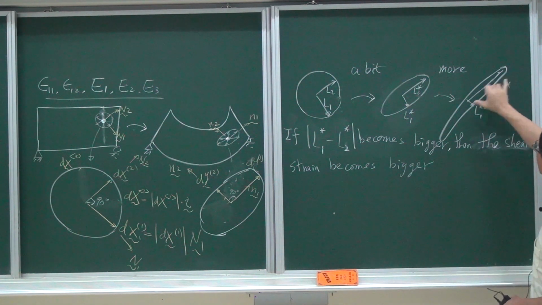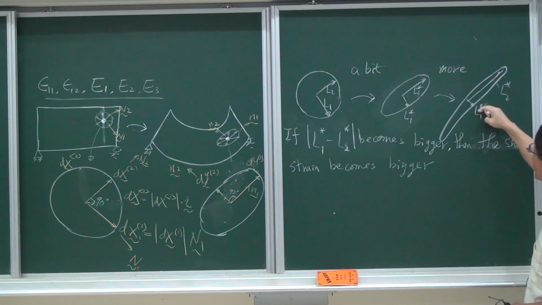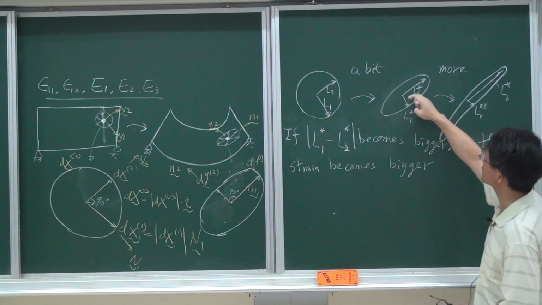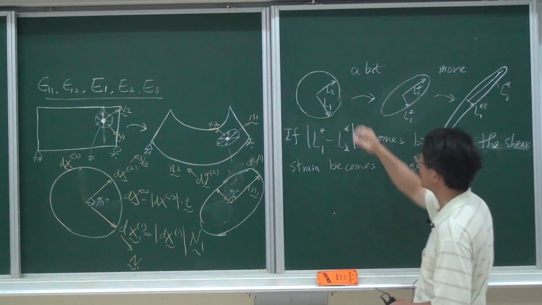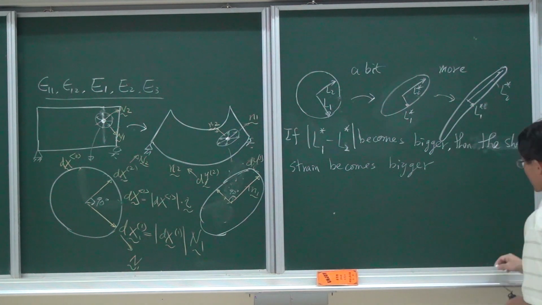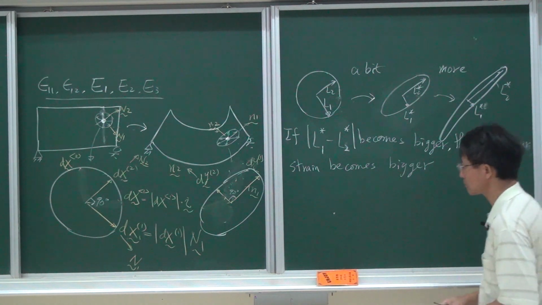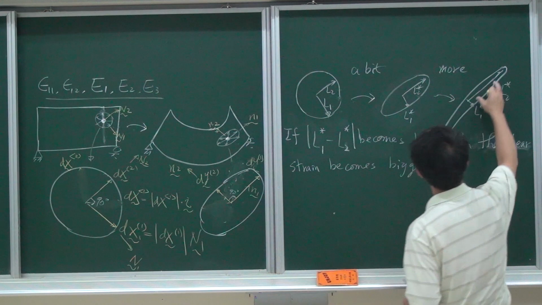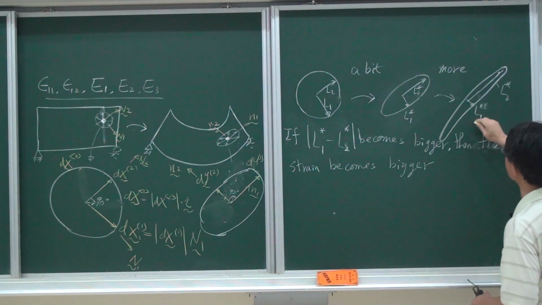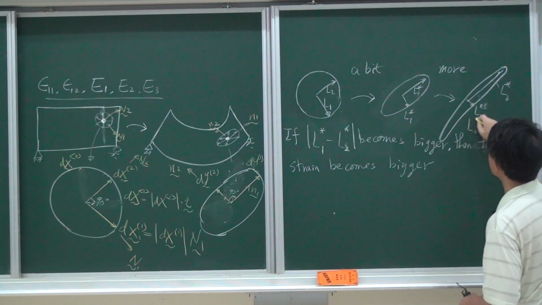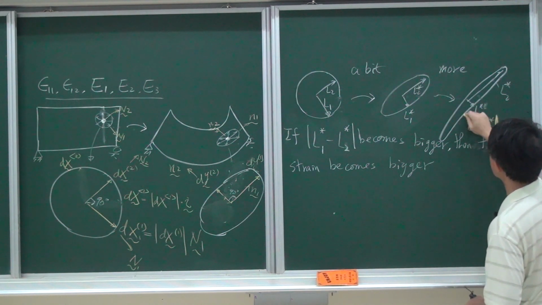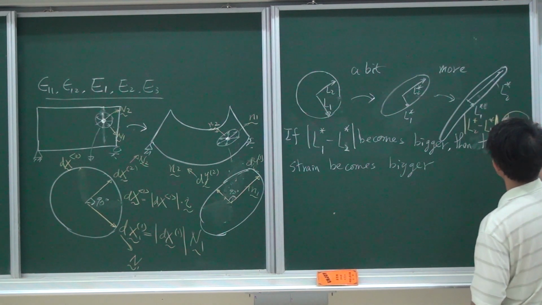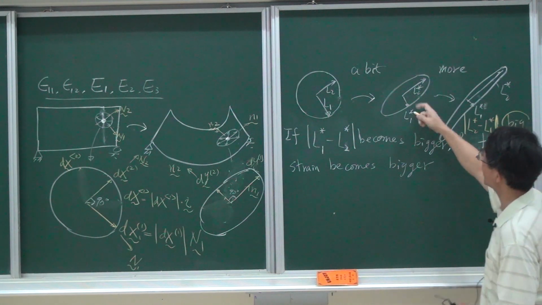See here, L2* minus L1 is big, while L2 minus L1 is smaller, and very small here. The length of this and the length of this, take the difference. Big, here and here.